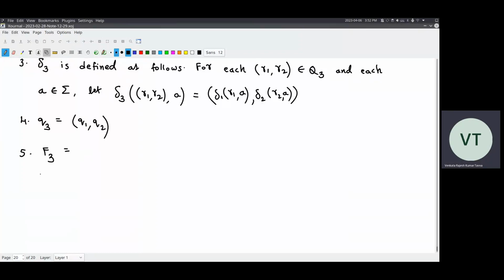Right. So it is nothing but Q1 cross F2 union Q2 cross F1.